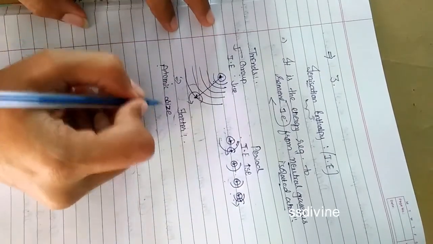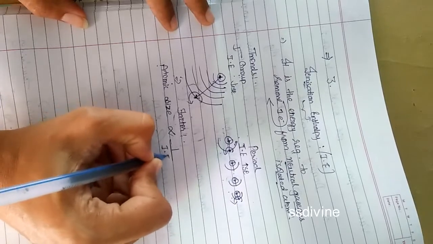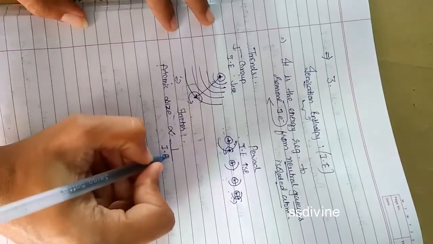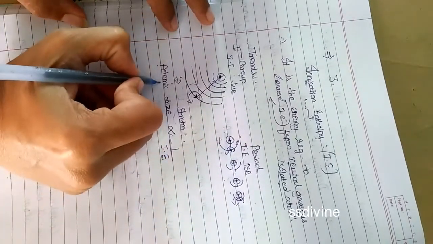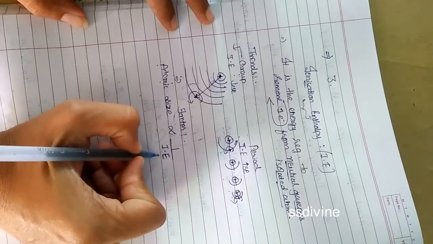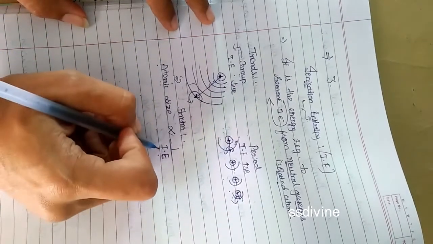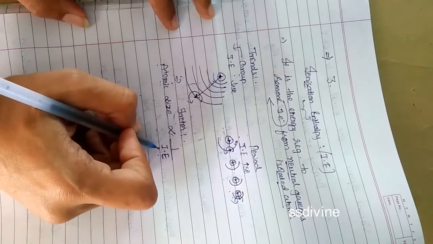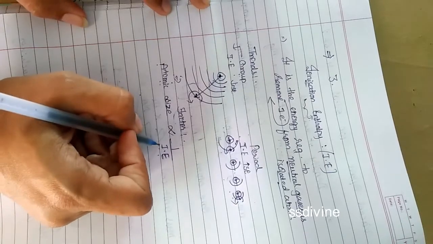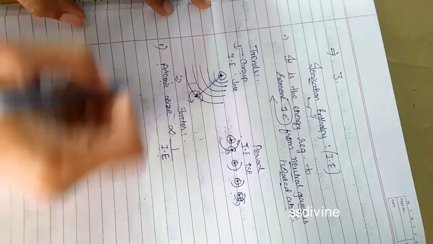So we can see that the atomic size is inversely proportional to ionization enthalpy. Clear? The more the size, the less will be the ionization enthalpy. तुम्हें energy कम देनी पड़ेगी, and the lesser the size, the more ionization enthalpy will be required. So energy will be required more in smaller size. So the very first factor was atomic size.